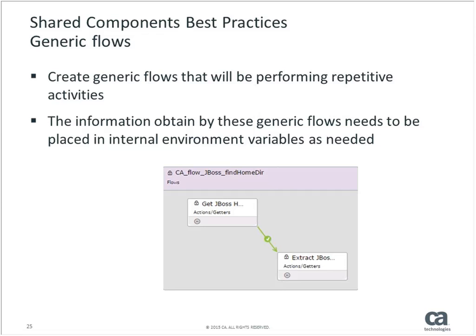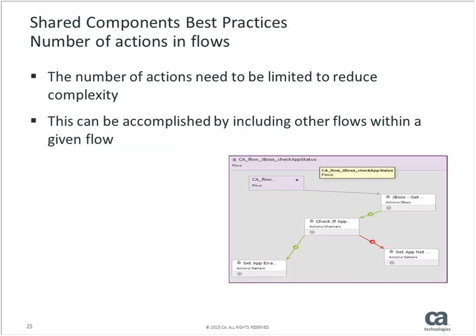This is generic, and has to be done for everybody. Given that it is a getter, the same with the extraction that I need to have out there, it's easy for me to create a very generic flow. In this case, this flow is only doing 2 steps. Get the home, extract the home, and pass it on to a parameter on a needed basis.